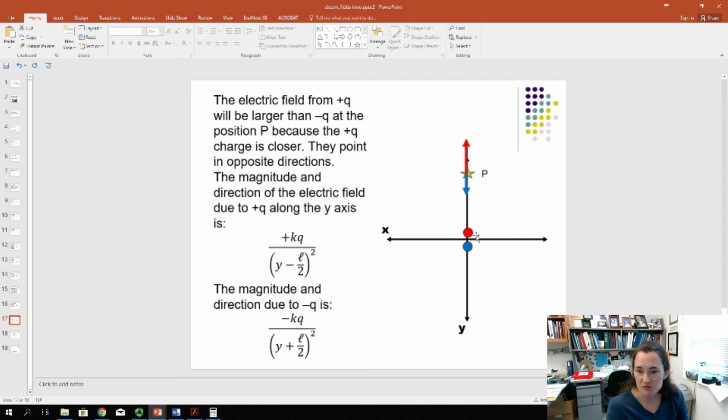Remember that the distance in between the charges is L. Now, the magnitude of the electric field due to the negative charge Q is minus kq over y plus L over 2 squared. Okay? And this is just applying the formula that I had for the electric field for point charges that we talked about earlier.